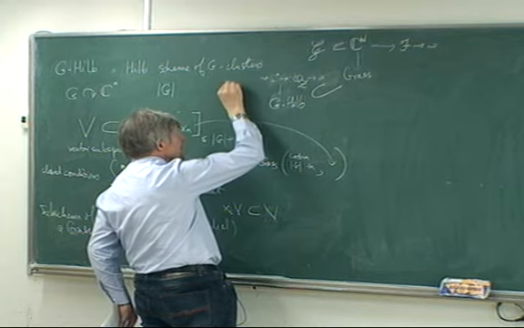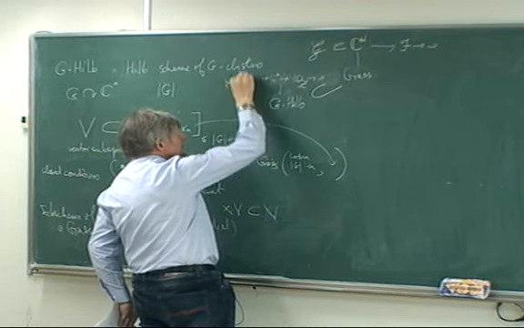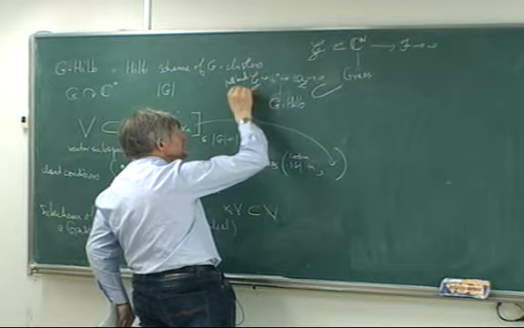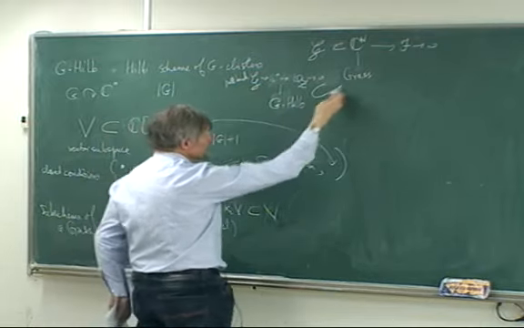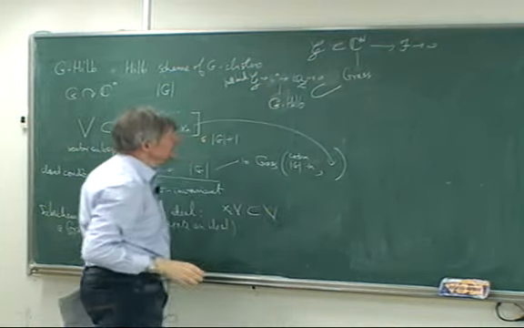This is the pullback of G. If you call the inclusion I, this is I upper star G.